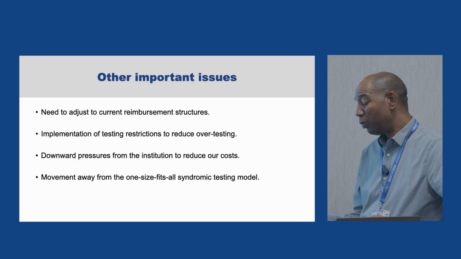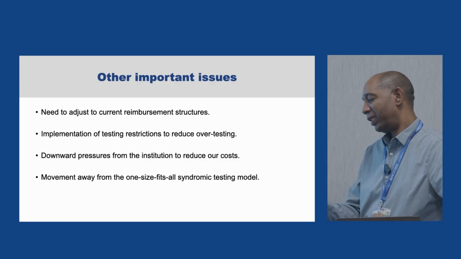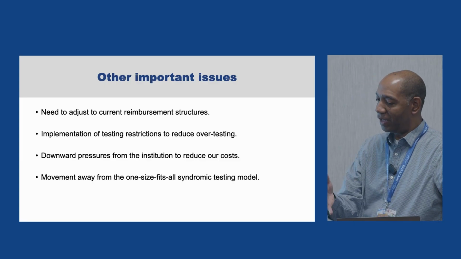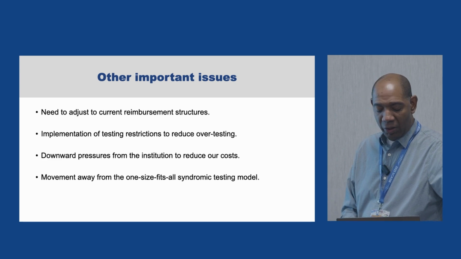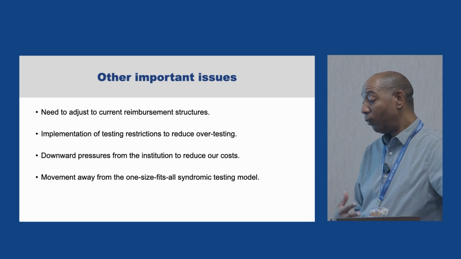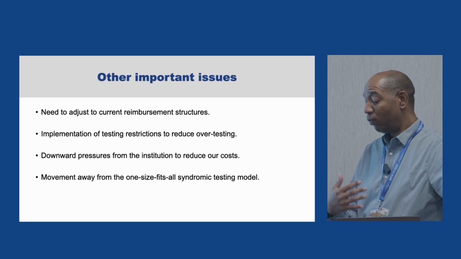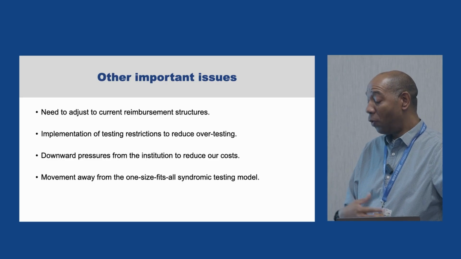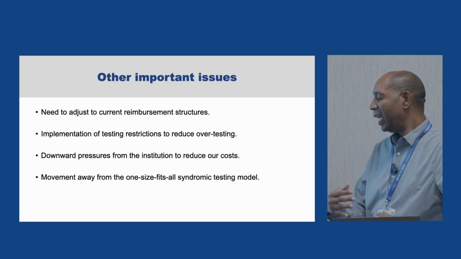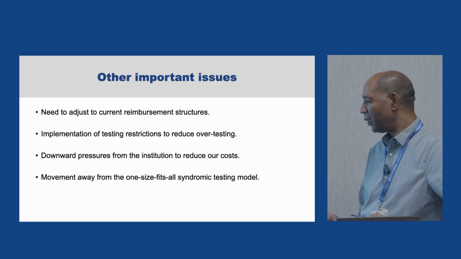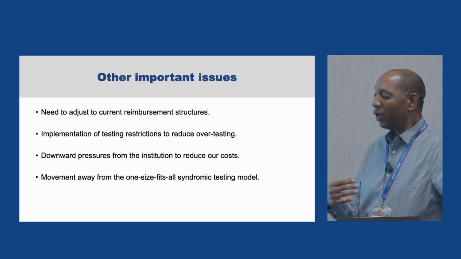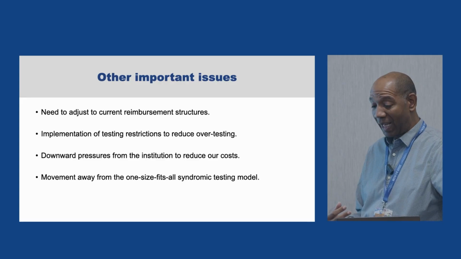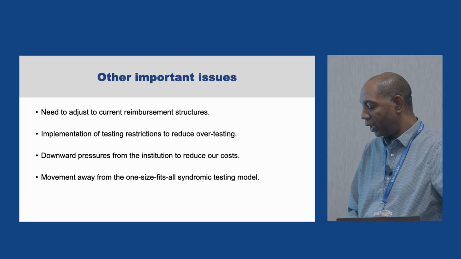That's really important, whether you're testing for 5 targets, 11 targets, or the 7 that was gone over earlier today. We want to make certain that whatever we're testing for, our institution can be reimbursed for. We want to reduce the overtesting at our institution.